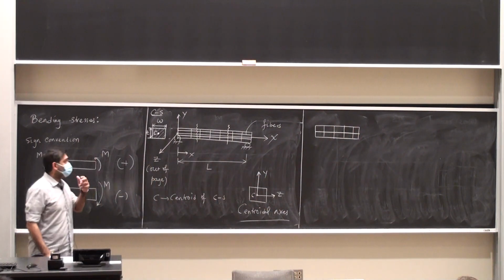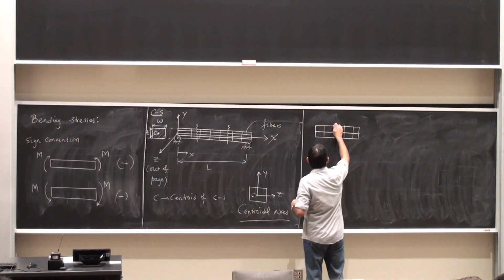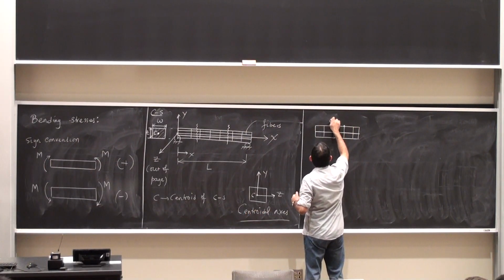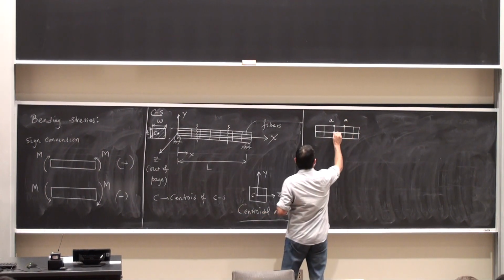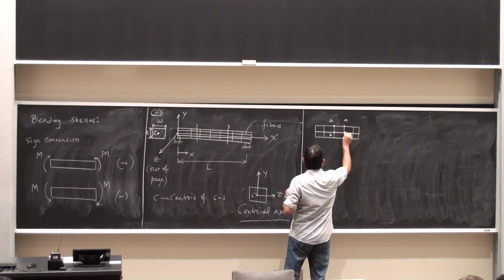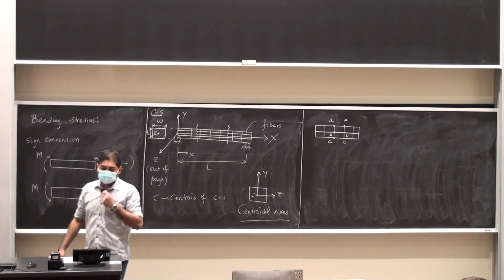I'm going to label 3 line segments which are initially horizontal. AA, that is line segment AA. Then this is BB. CC. Okay.